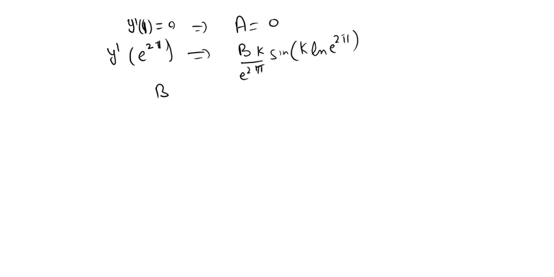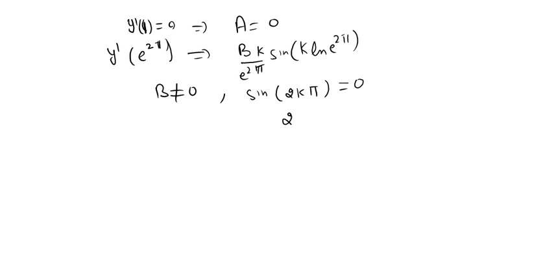So if b is non-zero, for a non-trivial solution, log e power 2 pi is 2 pi, so you get sin 2k pi equal to 0.